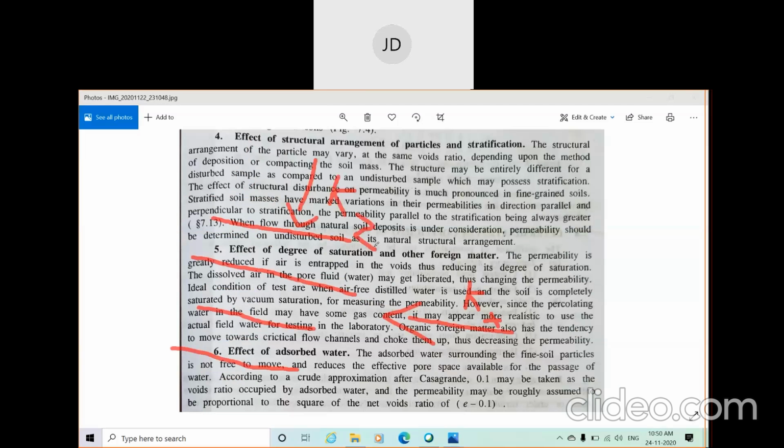So the coefficient of permeability for this stratified soil is not the same; it depends on the direction. That means kx may not be equal to kz. Have you got the idea?